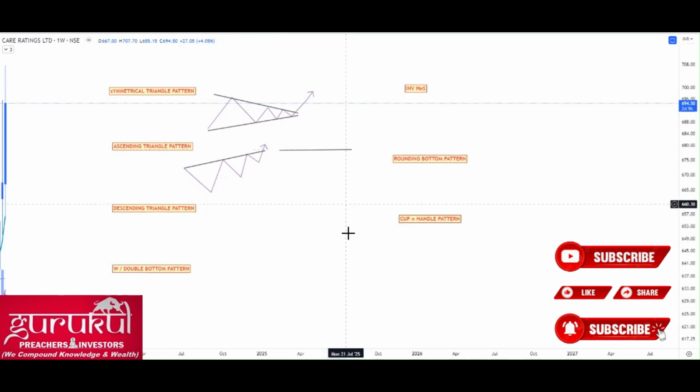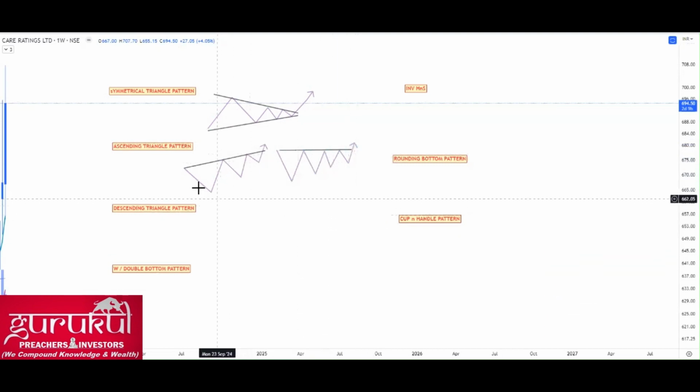There can be two variations, right? In the ascending triangle pattern, one can be this, and the second can be on a horizontal line. So it can be on a slanting line, or it can also be on a horizontal line, right? So both are ascending triangle patterns. Why is it an ascending triangle?